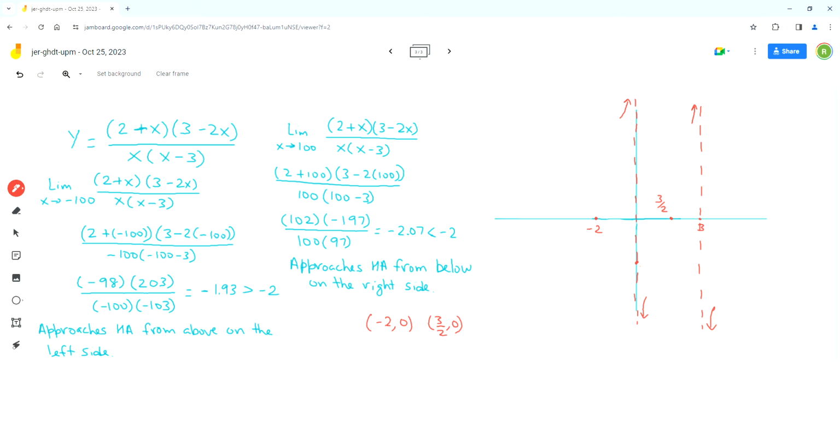Now there are no y-intercepts and no critical points at which the derivative was equal to 0. Now the next is to show the horizontal asymptote at y equals negative 2. So let's assume this is negative 2. So the horizontal asymptote can be shown like this.